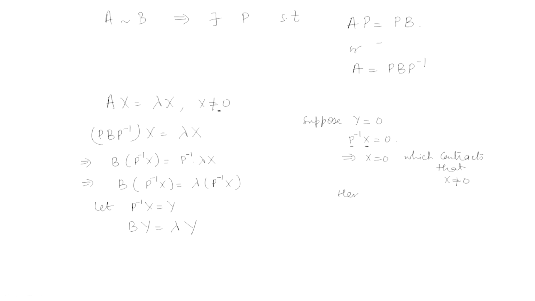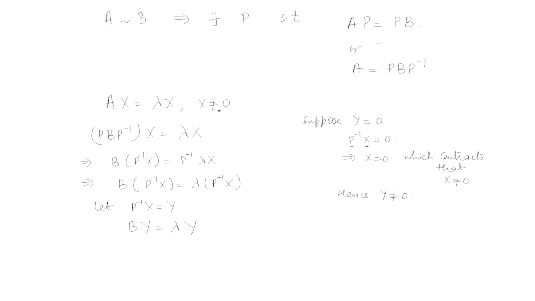Hence, y is not equal to 0, because whenever we write such an expression that By equal to lambda y, if y is not equal to 0, then only we can say that the eigenvalue is lambda and the corresponding eigenvector is y. Okay. So, what we have concluded basically, we have taken a matrix A with eigenvalue lambda and the corresponding eigenvector x, and using the property of similar matrices, we have shown that the matrix B has the same eigenvalue lambda and the corresponding eigenvector is y.